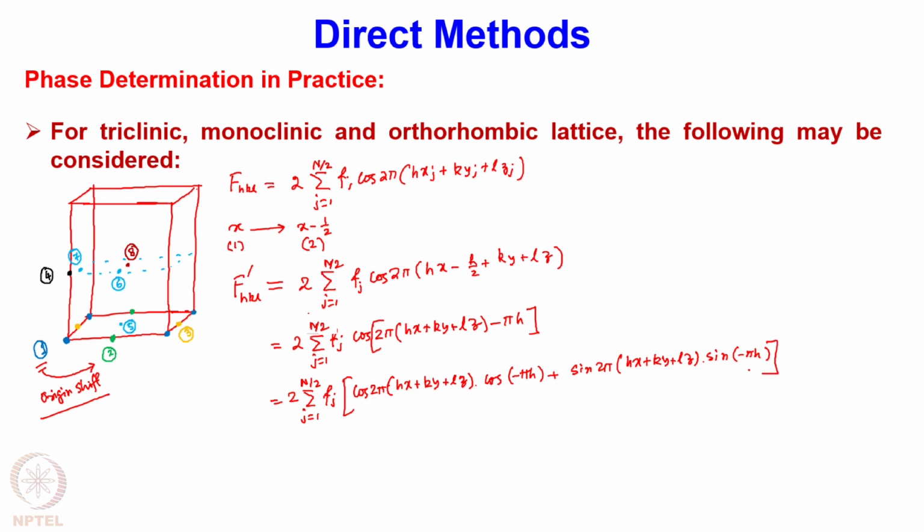You may be thinking how we have written that. So, we assume this as cos (a minus b). So, cos (a minus b) can be written as cos a cos b plus sin a sin b. So, here it is a and that is b.